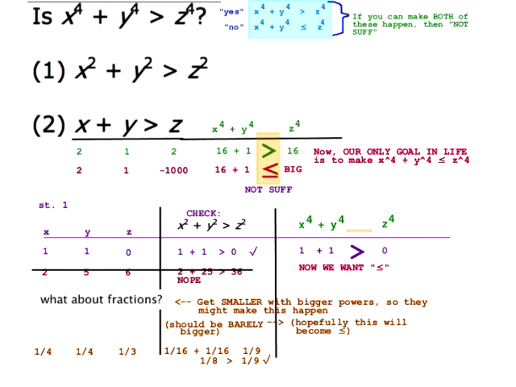So then x to the 4th plus y to the 4th. Wow, that's 1/16 squared. So 1 over 16 squared plus 1 over 16 squared. And then z to the fourth is 1 over 9 squared.